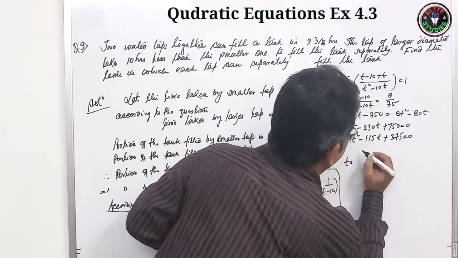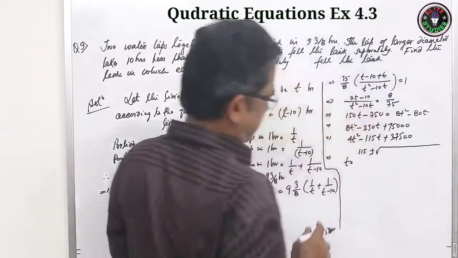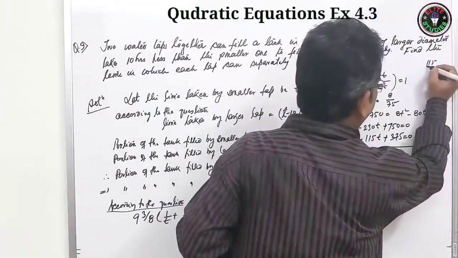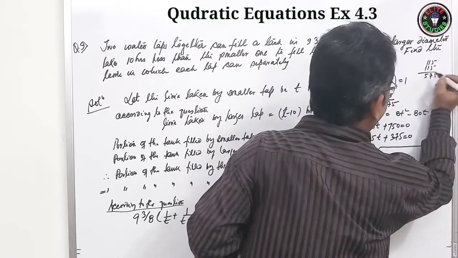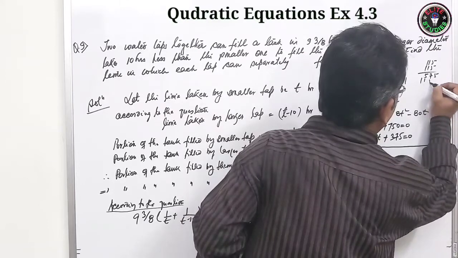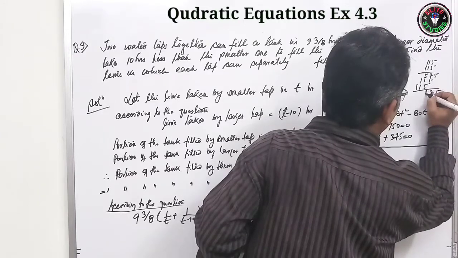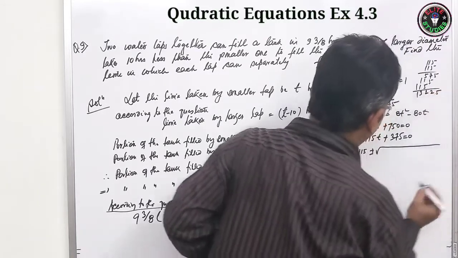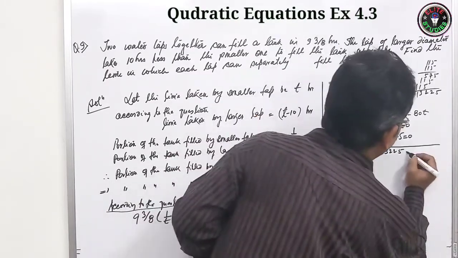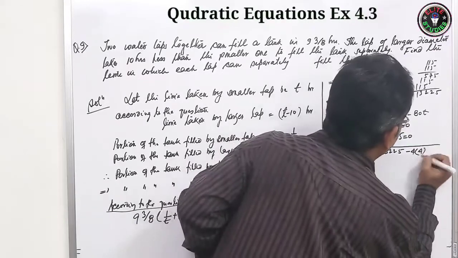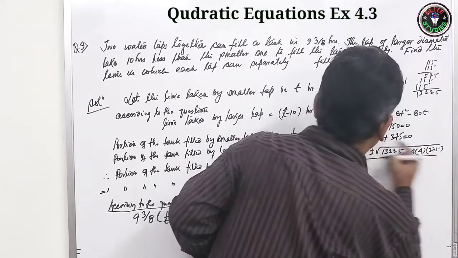So T will be equal to minus B, means it will be 115, plus minus root over B square, 115 square, which is 13225, minus 4 into A into C, 4 into 4 into 375, over 2A, 8.